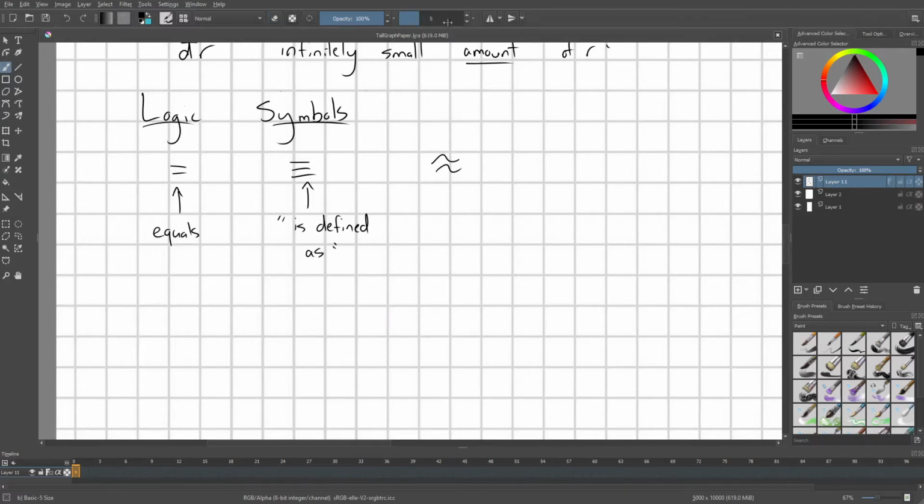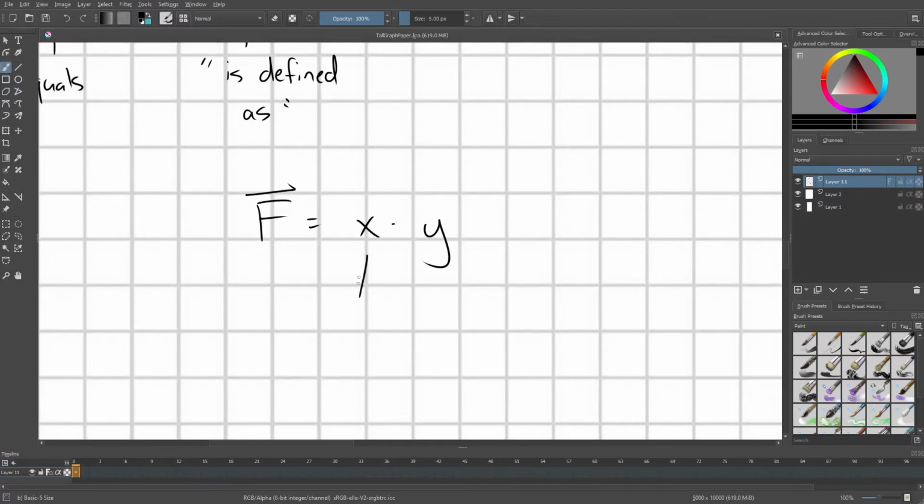As soon as you plug numbers into something, if I get an expression of, I don't know, let's just say there was a force, somehow I got something that looked like this, and then somebody said that x you happen to measure to be like 5.1, y you measured to be 3.